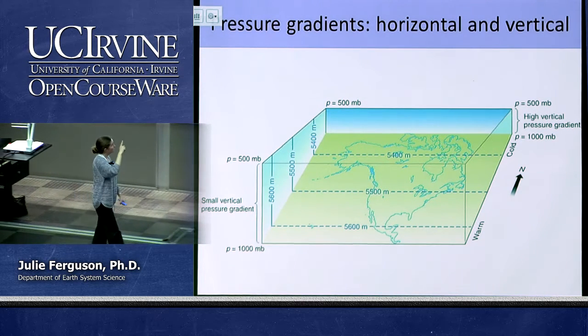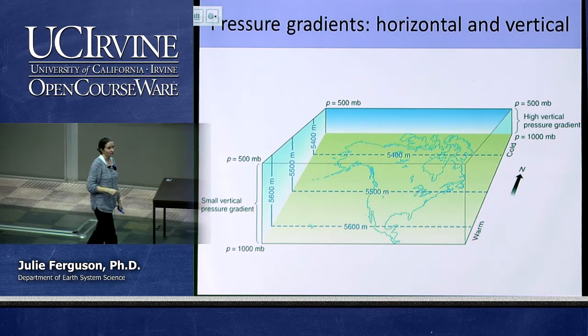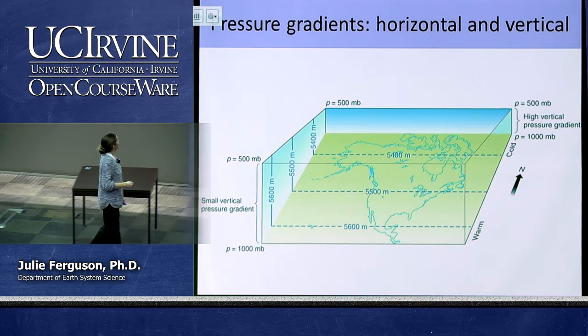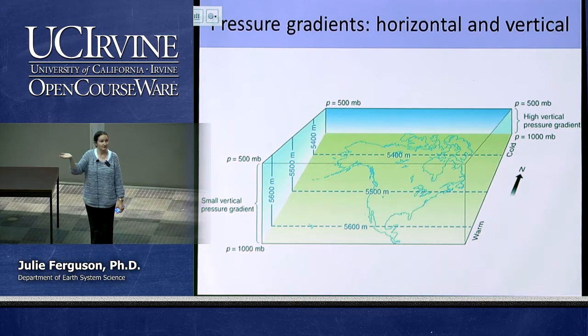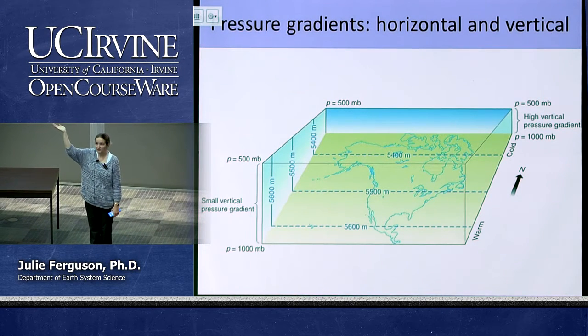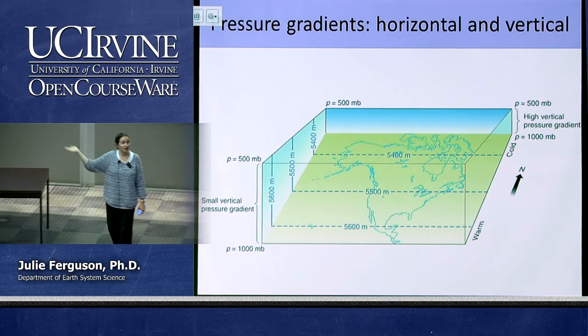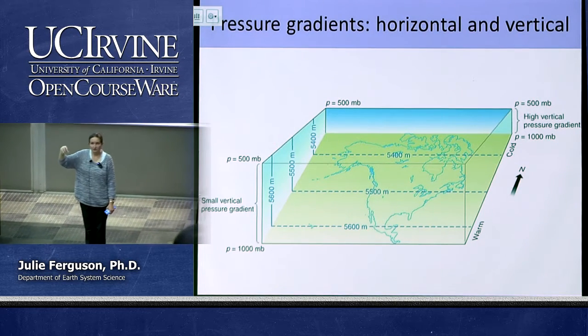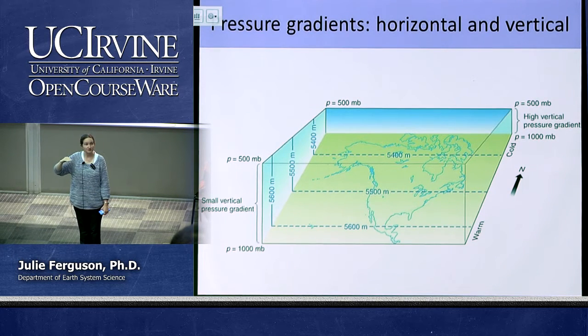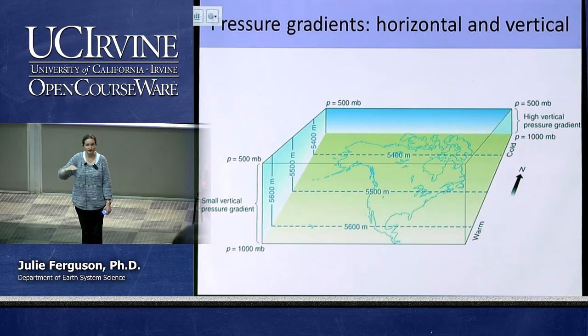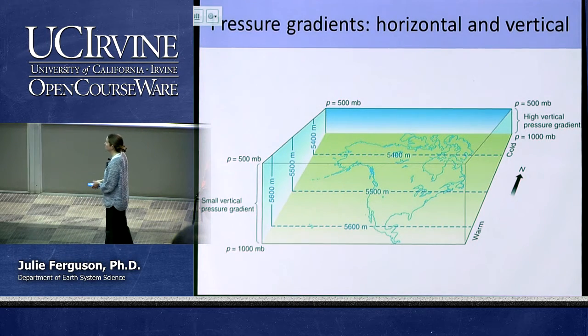But if we go up to our cold end, at the sort of north of North America, then you can see if we tried to find where in the atmosphere that level where we'd measure 500 millibars is, we wouldn't have to go up as far. A lot more of those molecules are packed down closer to the surface, and so we see a much faster change in pressure, much faster drop as we go up. So that level is closer to the surface, okay?